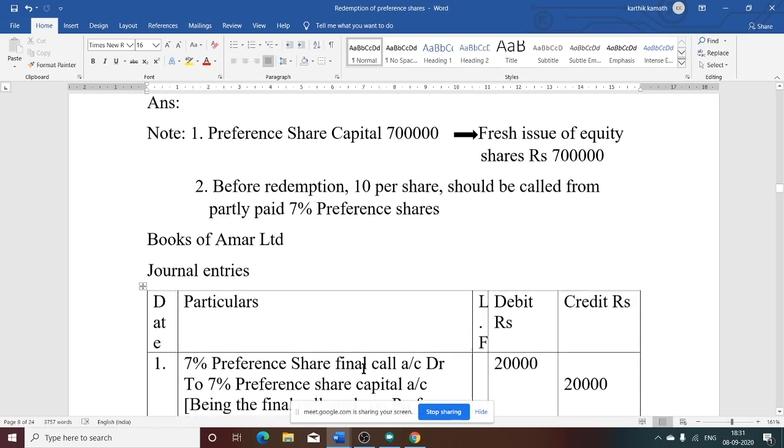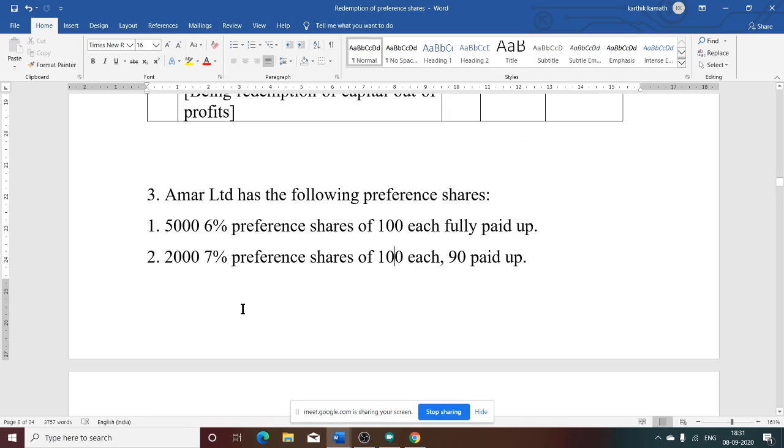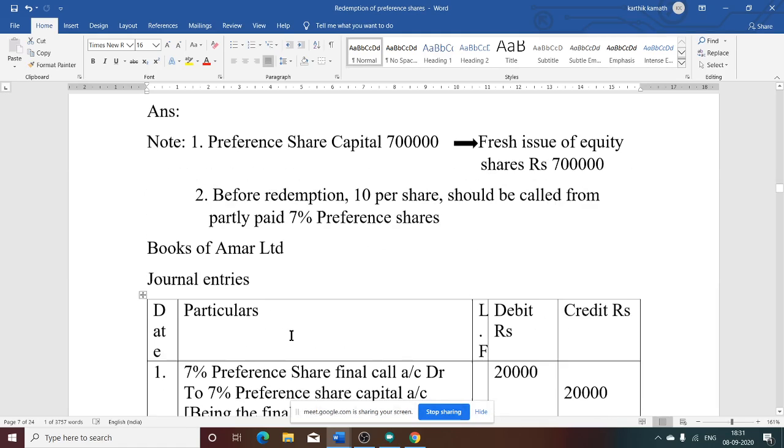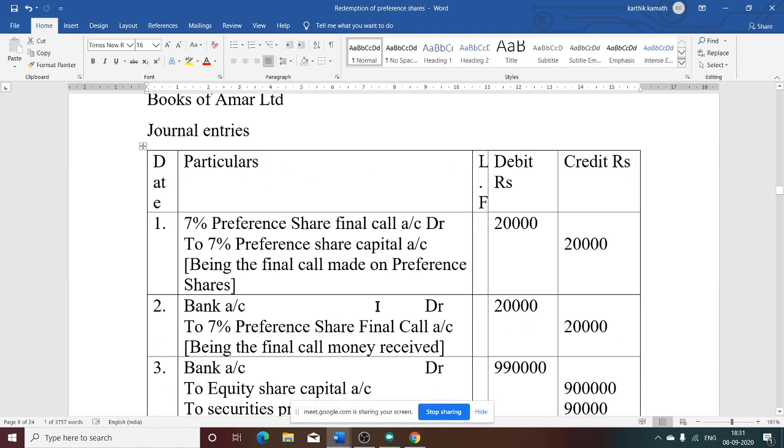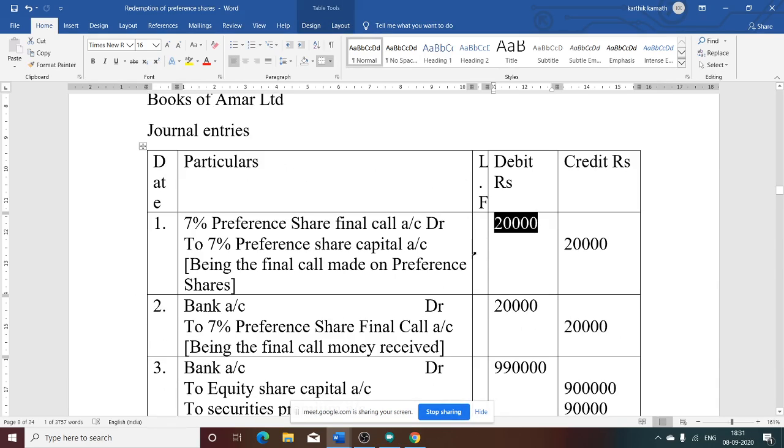That is 10 into 2,000, since 2,000 shares are 90 paid up and the remaining is 10. So the amount is 20,000. Being the final call made on preference shares.